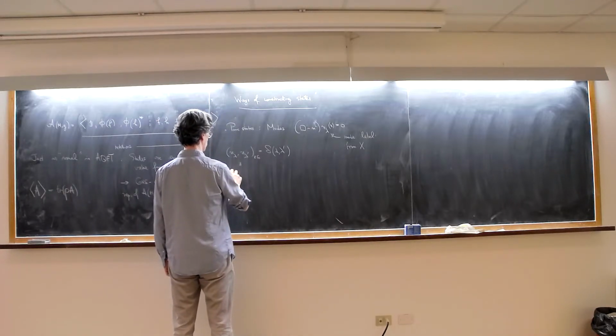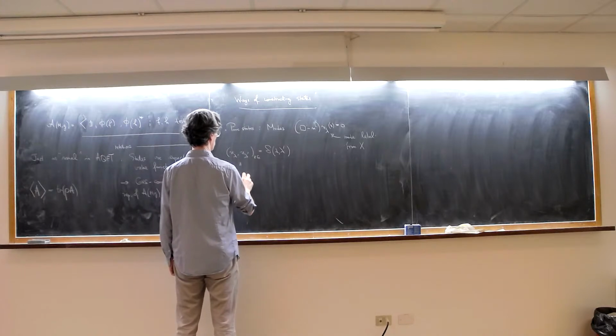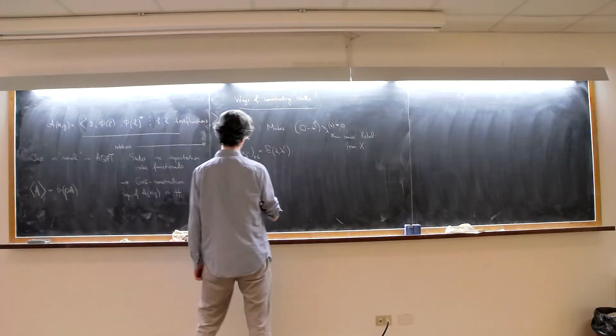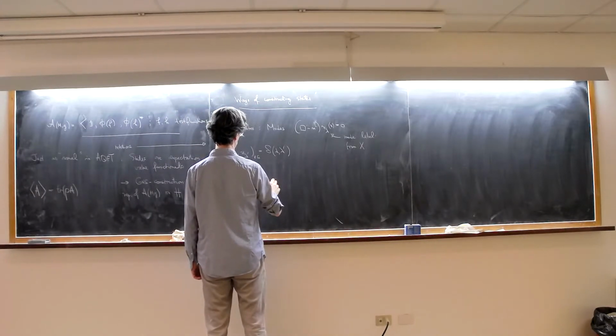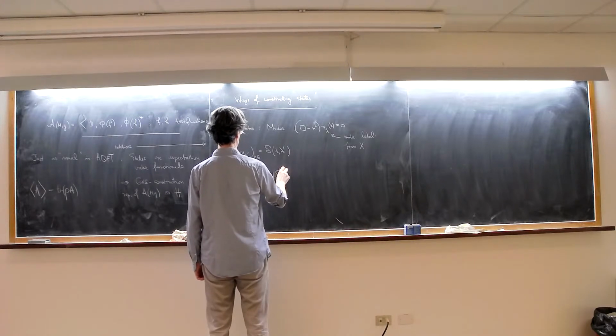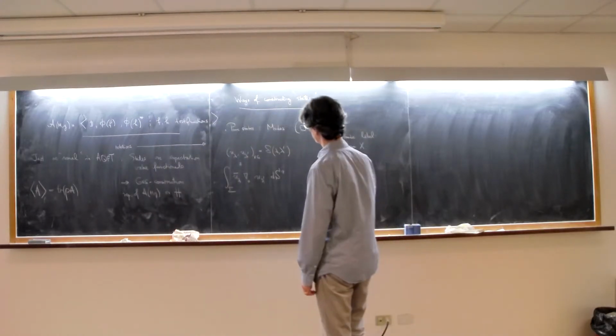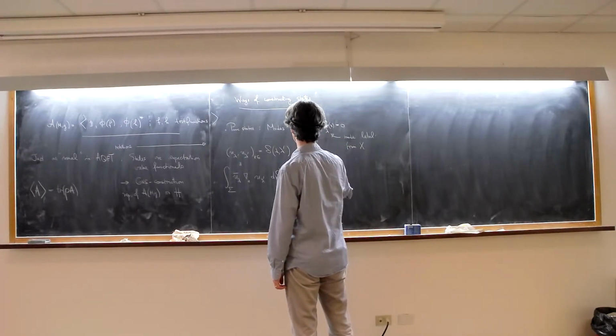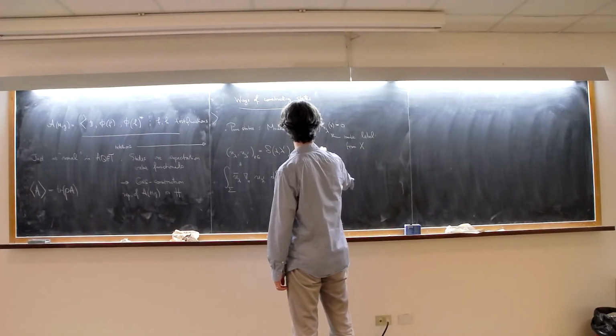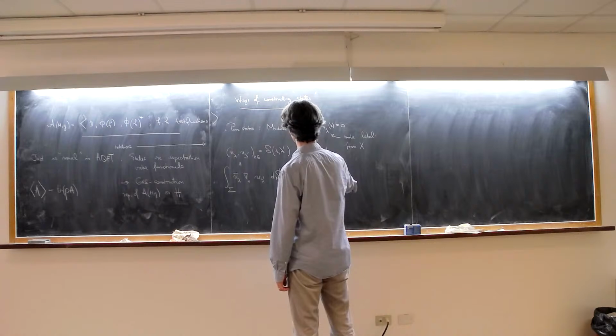So U lambda, A, element. This delta function is defined with respect to a measure.